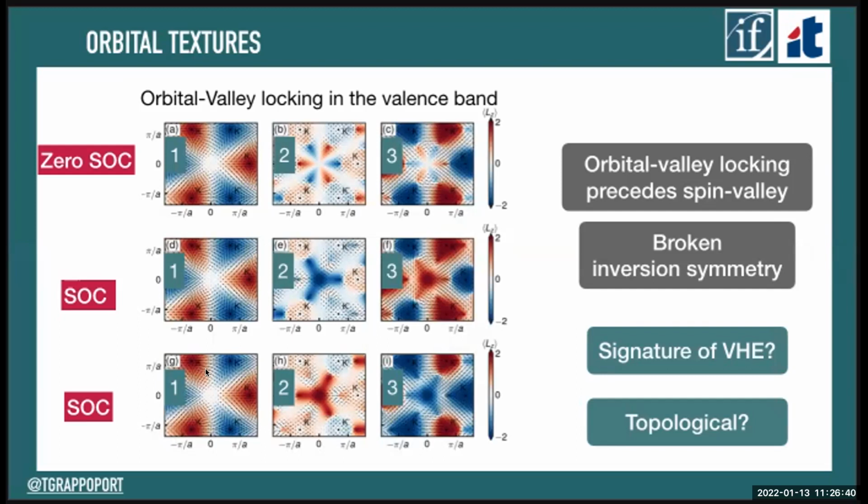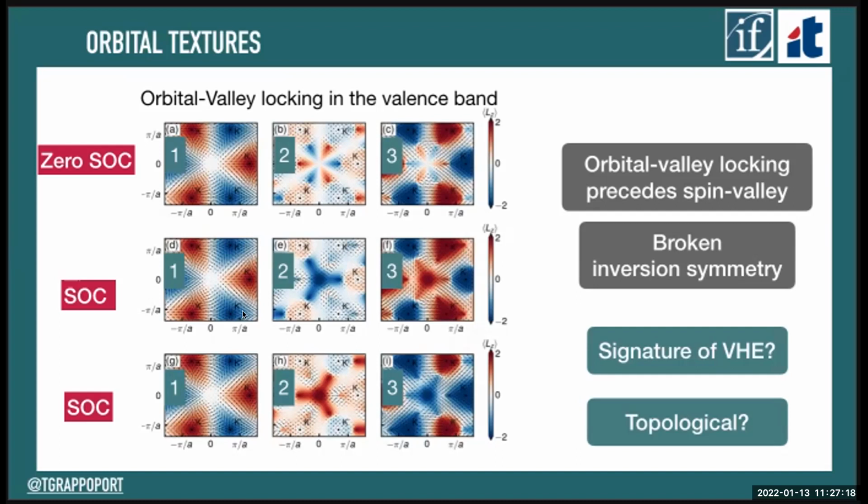When you see the valence band, the orbital textures of the three different valence bands are the same, right? And we can see that there is a locking between L_z and the valley. So the orbital valley locking precedes the spin valley locking in TMDs. So actually the spin valley locking is a consequence of the orbital valley locking in these systems, which is important. So it doesn't really depend on the spin orbit coupling, as we should expect.